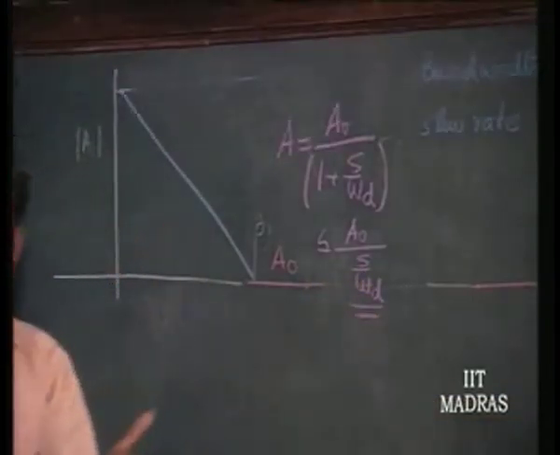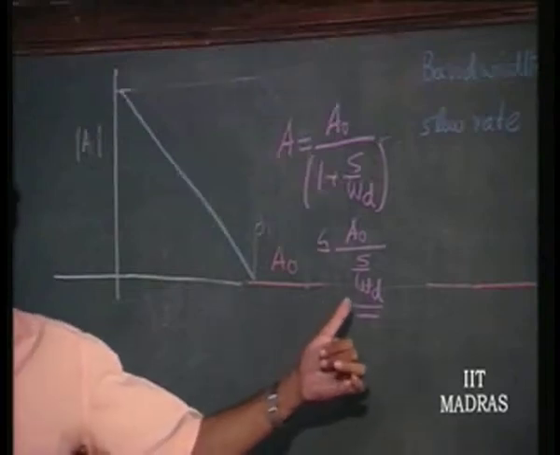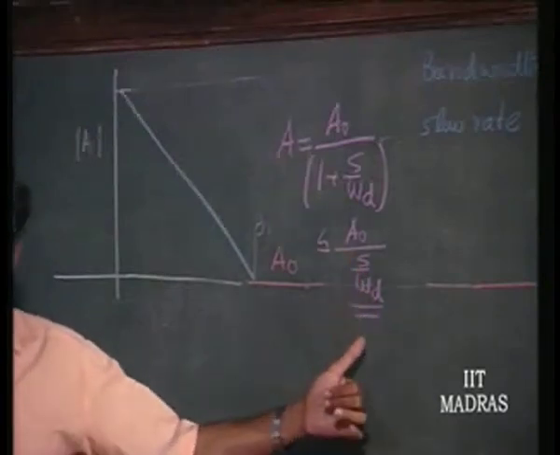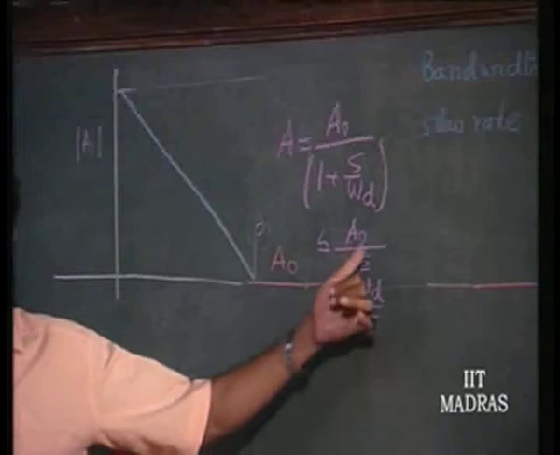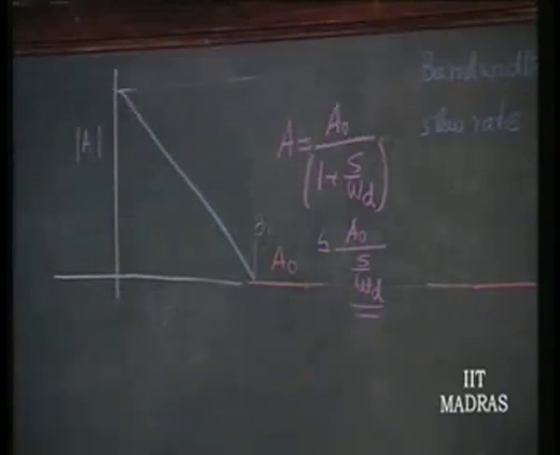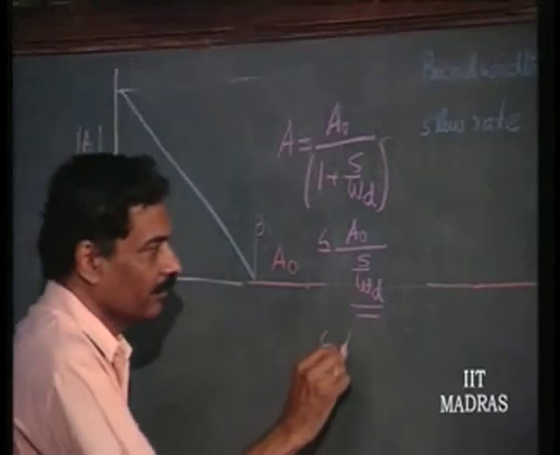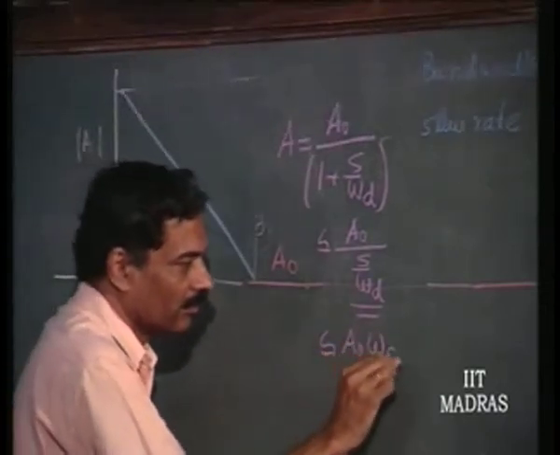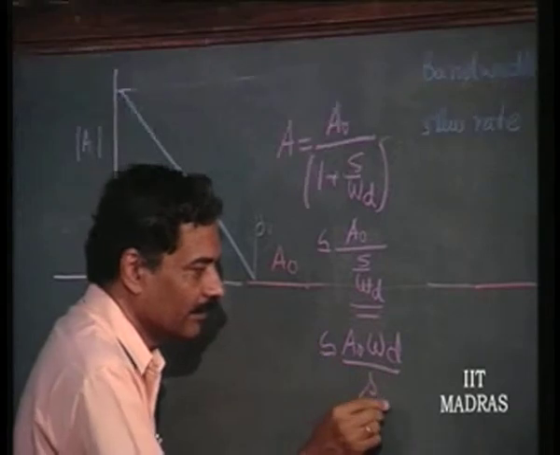That means the op amp itself is acting like an integrator. In its transfer function you can see it is acting like an integrator, equal to A naught into omega d by S.